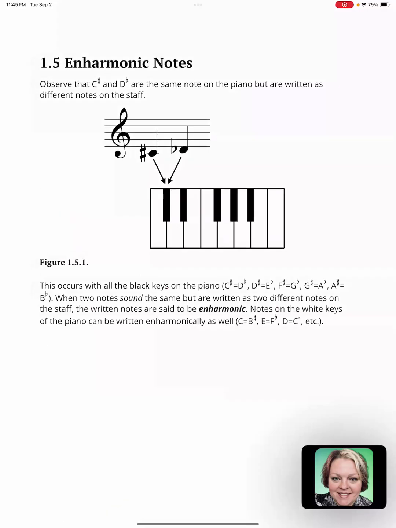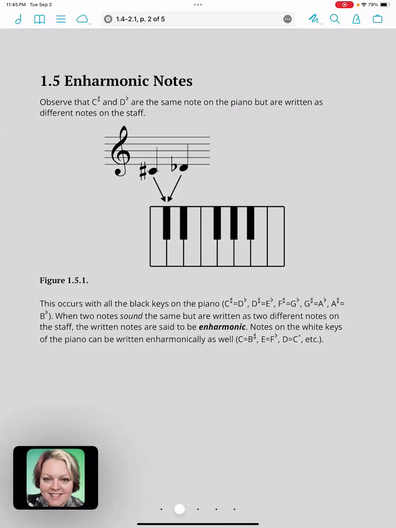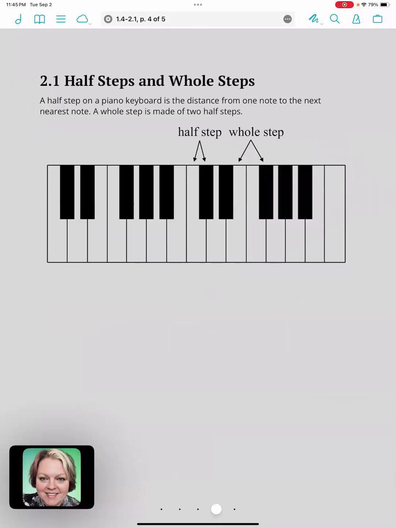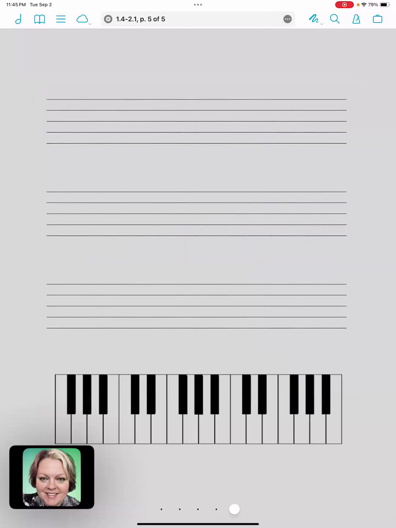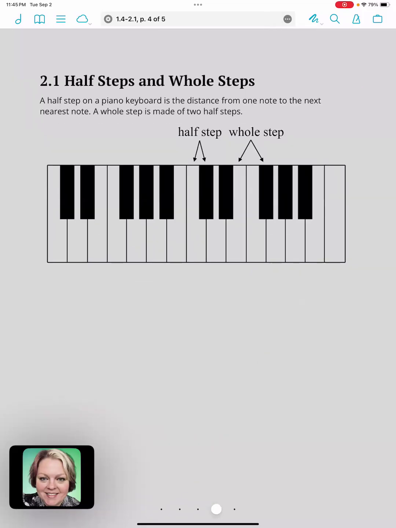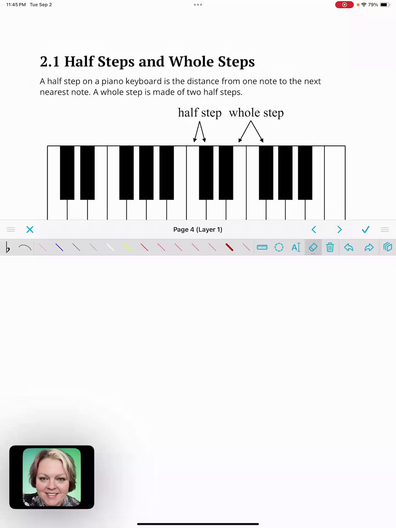But if we go forward here, sorry, to chapter 2, I went too far. There we go. Half steps and whole steps. There you go. A half step on a keyboard is literally the next key. And that's it. Don't make it harder than it is.